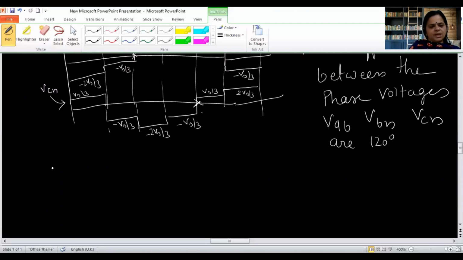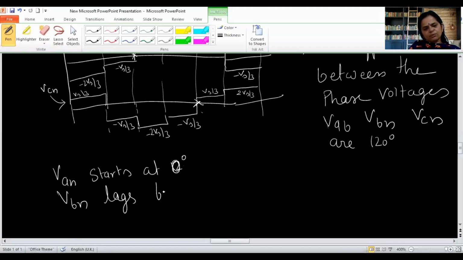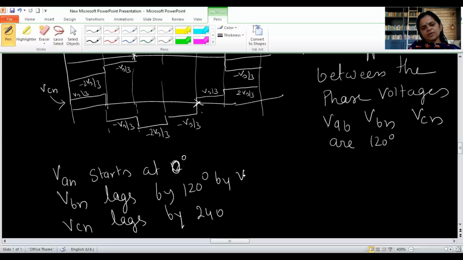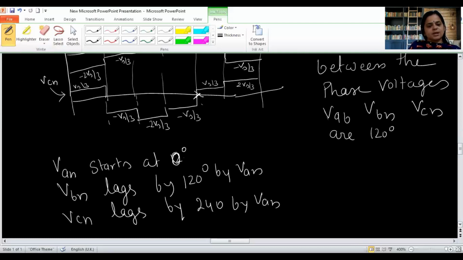That means VAN starts at 0, VBN lags VAN by 120 degree and VCN lags VAN by 240 degree. So you can see that it is giving the three phase voltages which are apart by an angle of 120 degree.